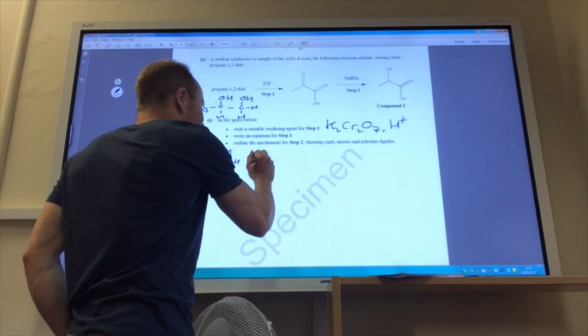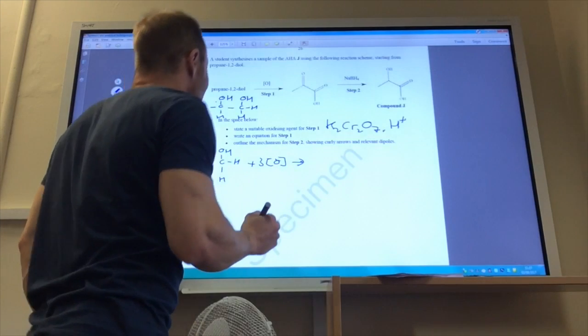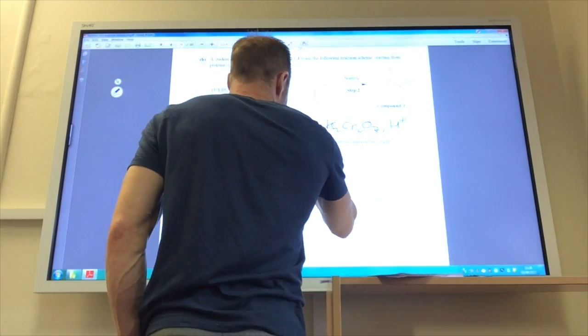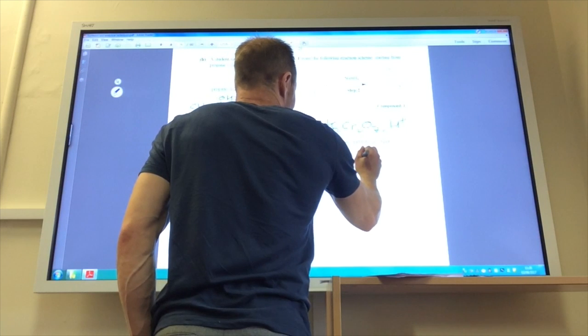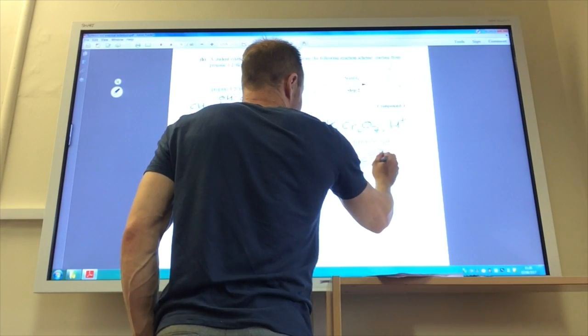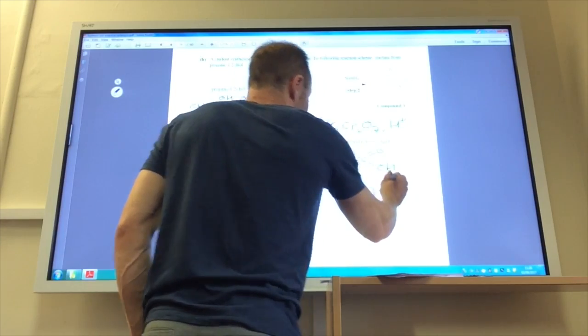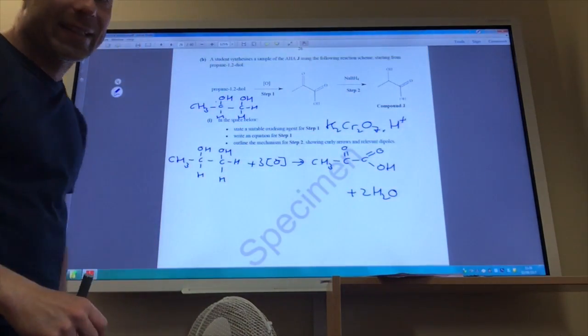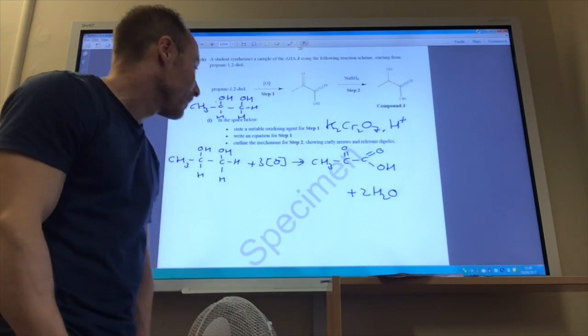So you've got to add 3 square bracket O's to that. That is then going to give you your product, like so. But it will also give you 2 water molecules to balance out the equation. Many people forget the water molecules.